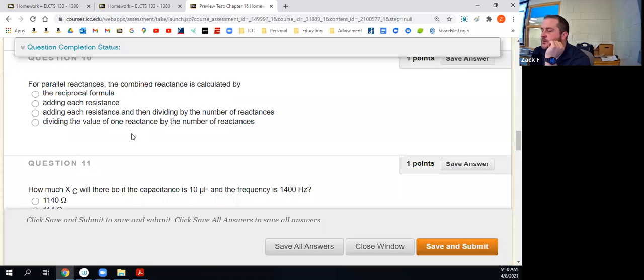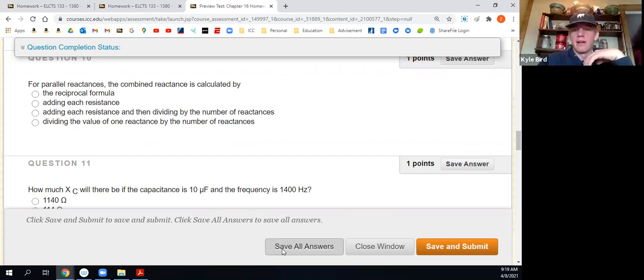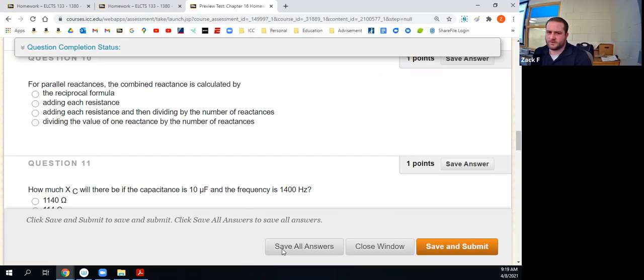For parallel reactances, the combined reactance is calculated by the reciprocal formula. Yeah, how do you know that? Read in the book. What'd you say, Kyle?